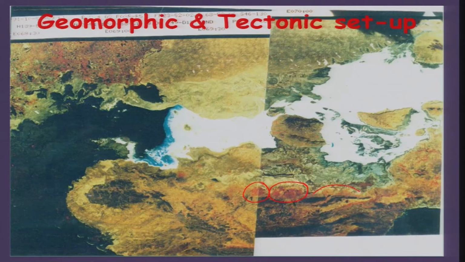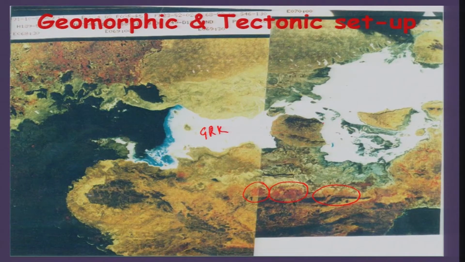These are all indicative of good vegetation. Some part here is all white, because there is no absorption here. The light which was incident on this area was completely reflected back, and this is what we call the Great Run of Kutch.